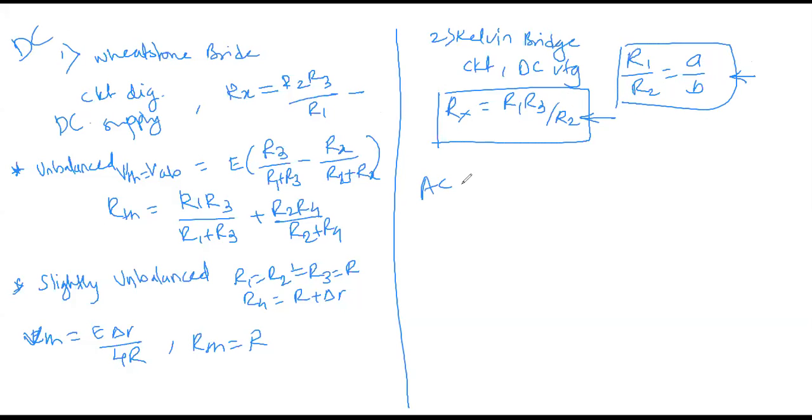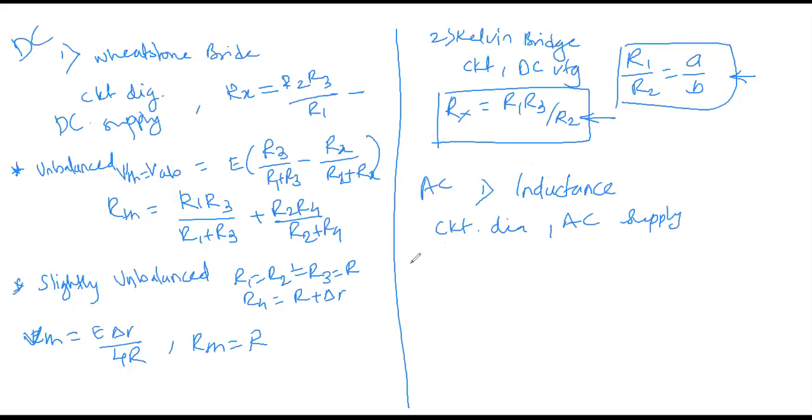In AC bridge, which bridge have we discussed first? Inductance bridge. Okay, inductance comparison bridge or Maxwell's inductance bridge. Again, draw the circuit diagram. This bridge is an AC bridge, so always apply AC supply to the bridge.